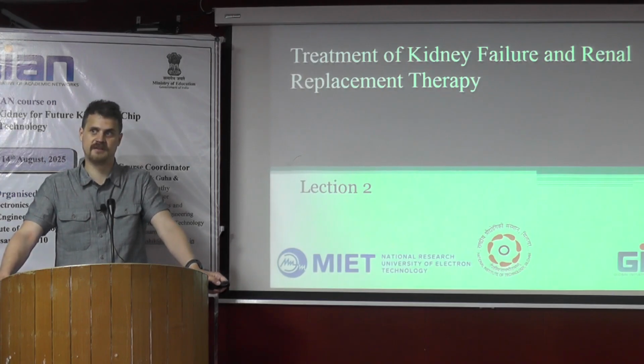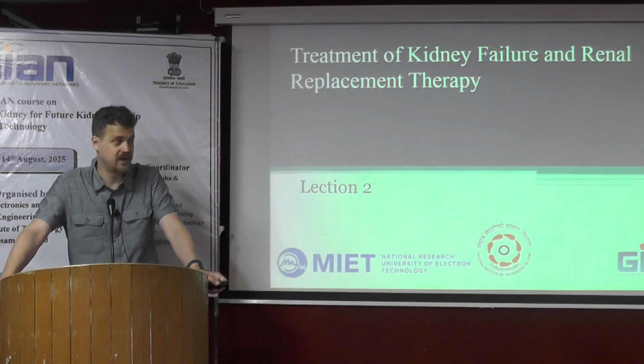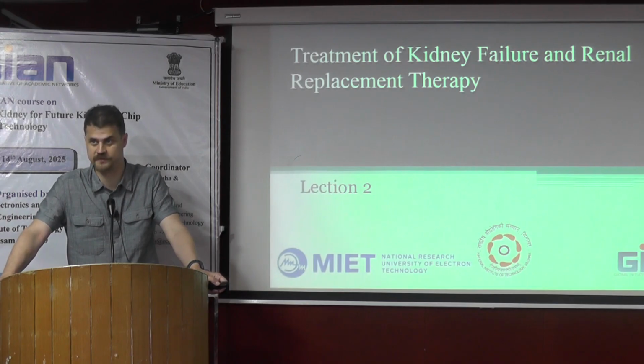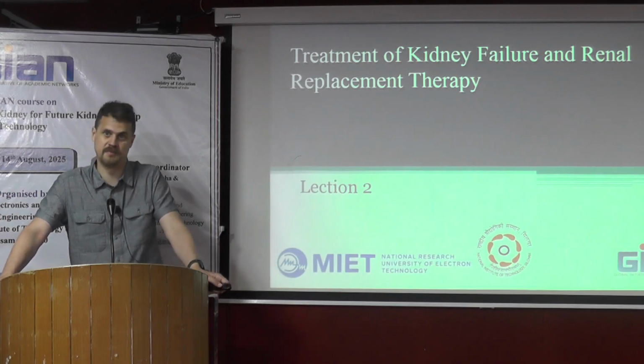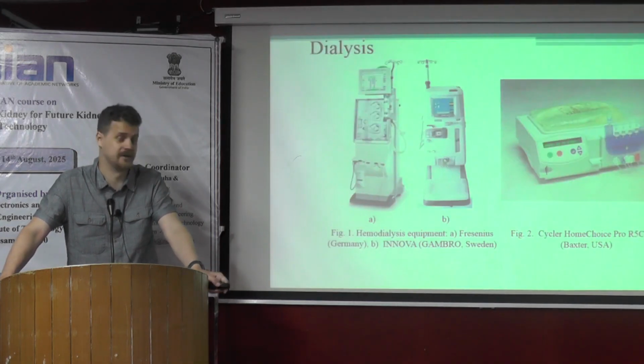Because if we do not do that, there will be a continuous accumulation of uremic toxins and water in the human organism, which will lead to an increase of these parameters in human blood and accumulation of excessive fluids in different parts of the human body. That will develop uremia as the main symptom of blood intoxication, and that will become one of the main causes of death for people with chronic kidney failure. We already discussed that.